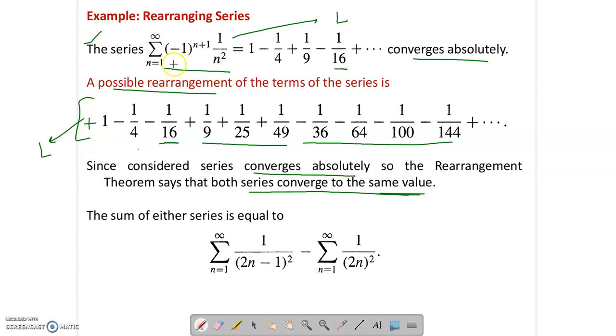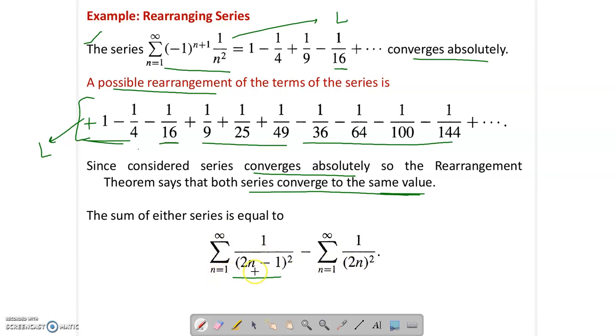This series we wrote as minus 1 raised to the power n plus 1, 1 by n square. Now when we have rearranged it in this manner, we can write this series as summation n going from 1 to infinity 1 upon 2n minus 1 whole square, minus summation 1 upon 2n whole square.